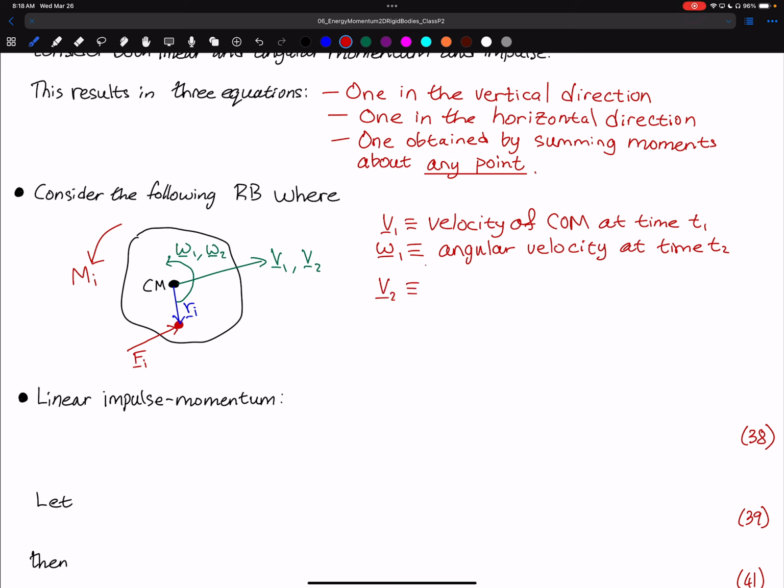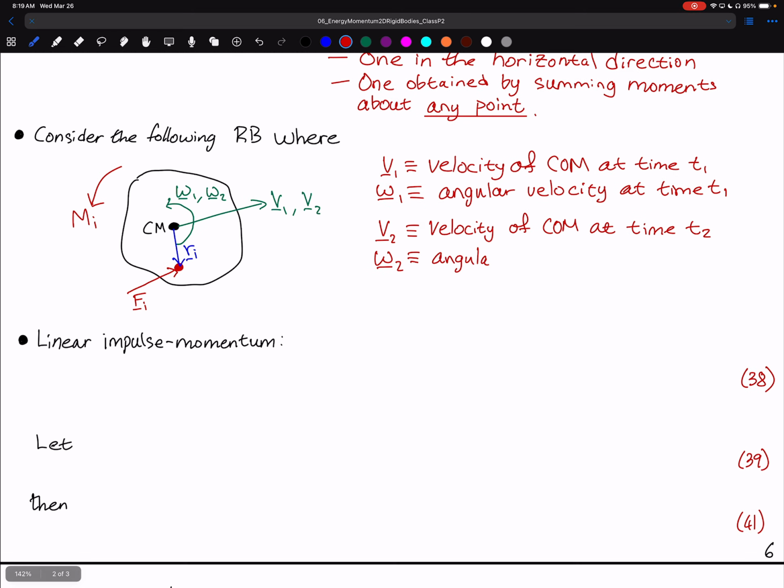V2 is the velocity of our center of mass at time t2. Oops, sorry, this should be t1 up here. The first two should both be at time t1, and then the second two are at time t2. Omega 2 is our angular velocity at time t2.